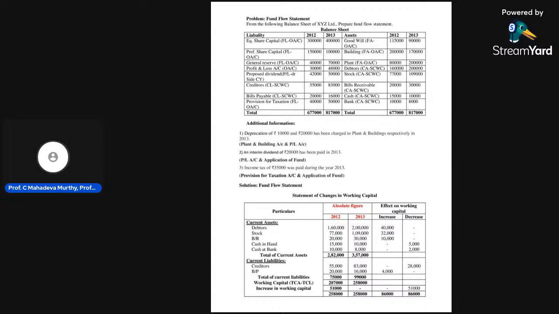In that context, we are in the schedule of change in working capital. Yes, total, that is debtors 1,60,000 in 2012. See here, debtors 1,60,000.